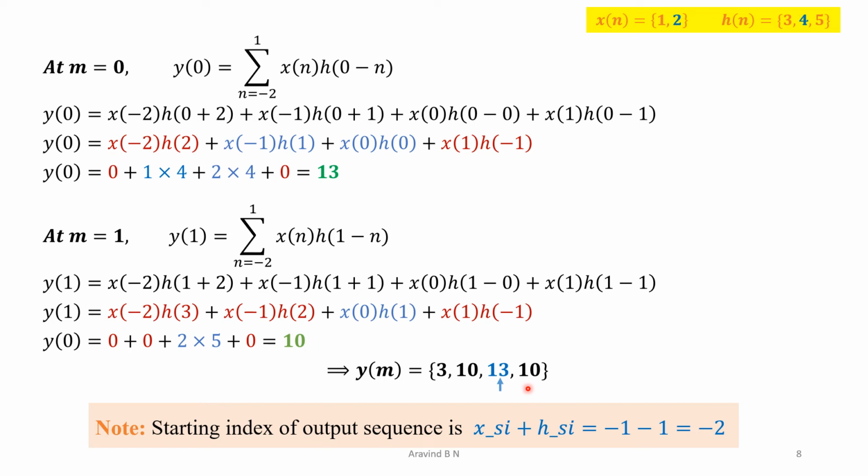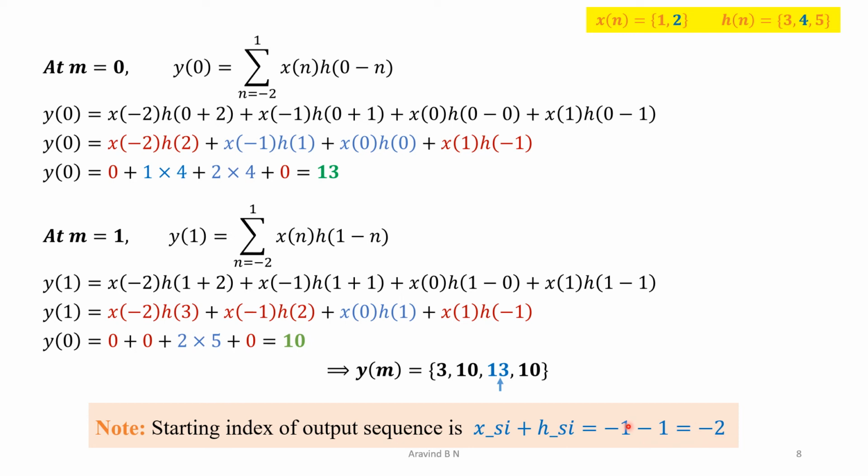Again here we need to identify the origin. The origin is identified by using the formula x underscore si plus h underscore si. So both of these two values are known for us from previously. Therefore, x underscore si is minus 1, h underscore si is minus 1. So we have taken it as minus 2.